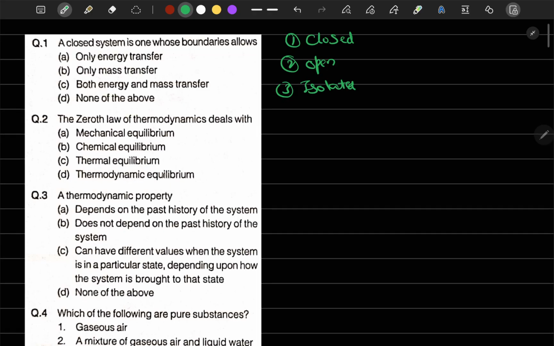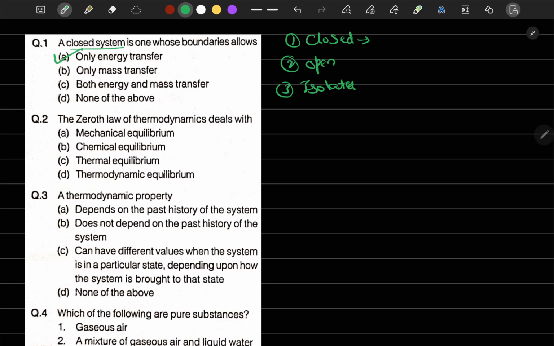When we studied the closed system, we discussed that since the system is closed, there will be energy interaction, but there won't be any mass interaction. The options are: only energy transfer, only mass transfer, both energy and mass transfer, none of the above. So the answer will be only energy transfer.